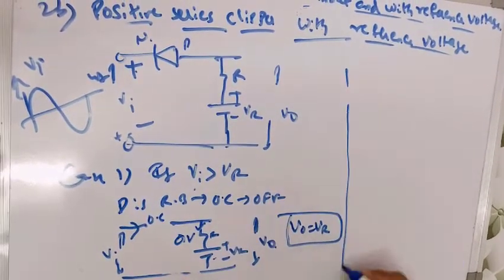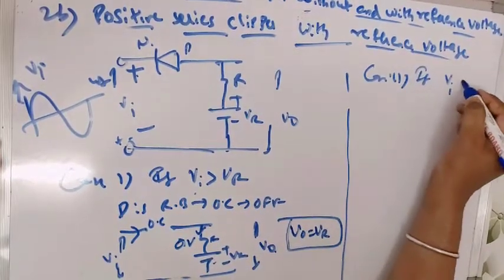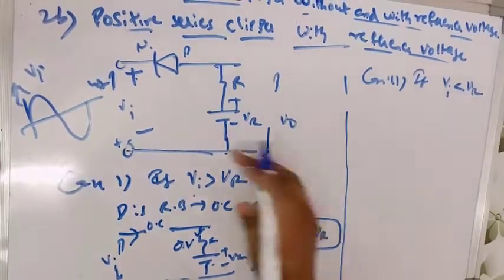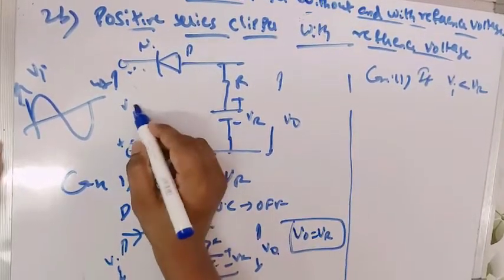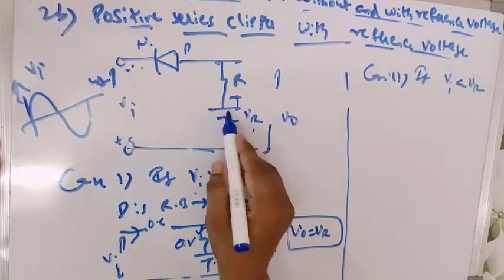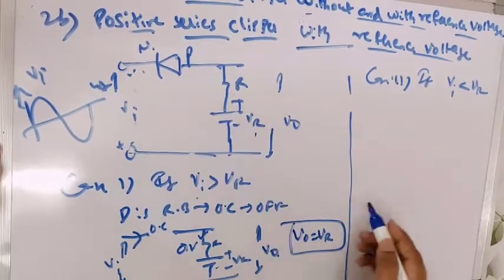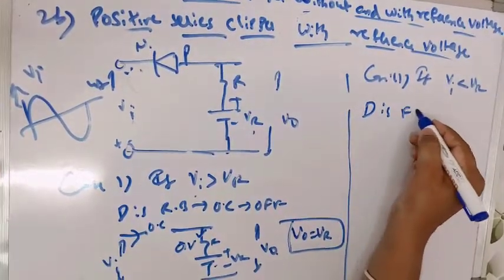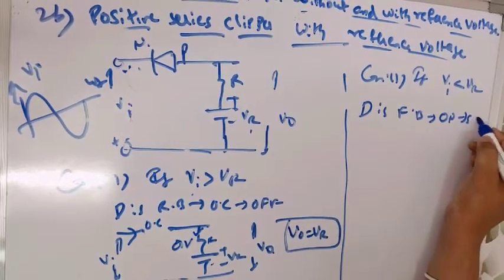Now case 2: if Vi is less than VR, that means whatever input voltage we are applying here is less than the reference voltage. Then more positive is given to the P type here. Positive given to the P type means the diode is forward biased, and when it is forward biased, it is considered an on switch and it is short circuited.